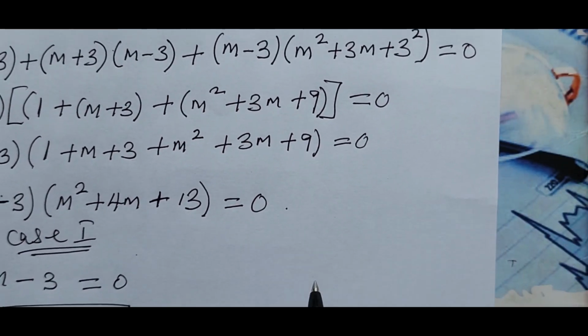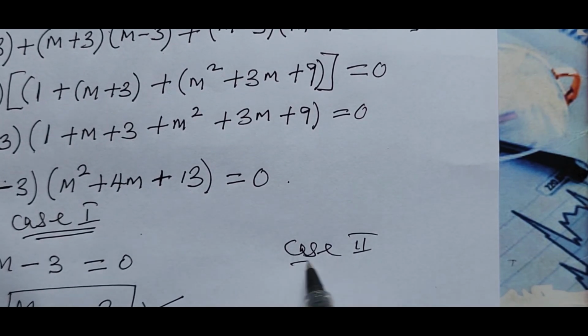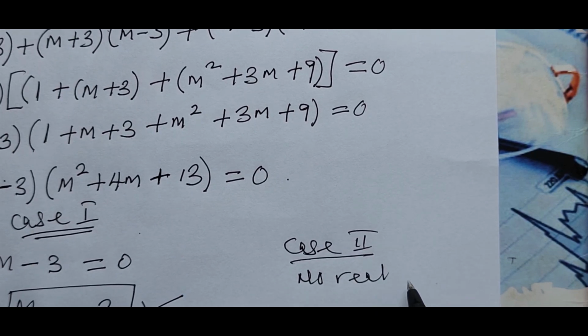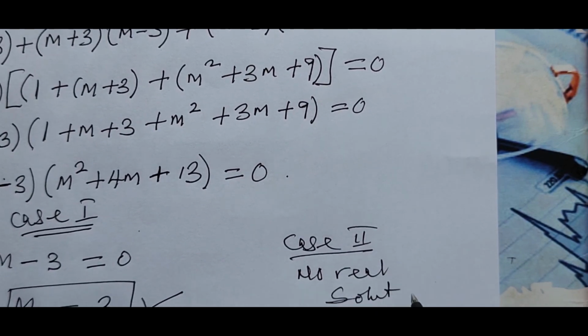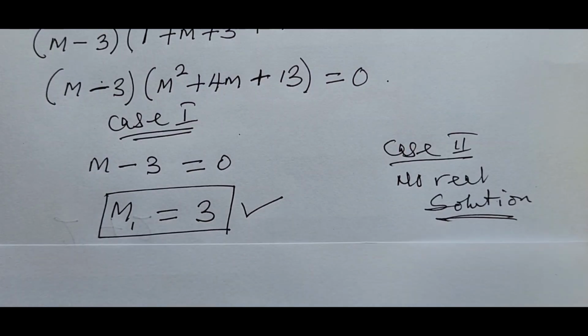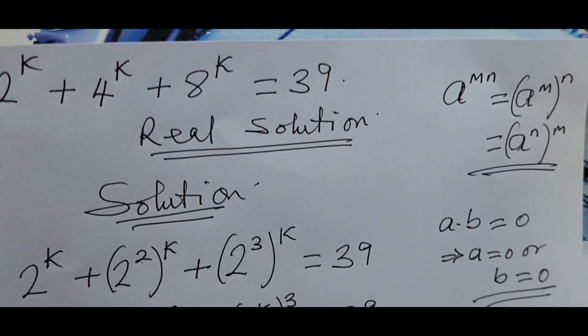So for case 2, we have no real solution. Since we have verified that case 2 has no real solution, we go back to our equation. If you check the original equation, you discover that we don't have m there, we have k.